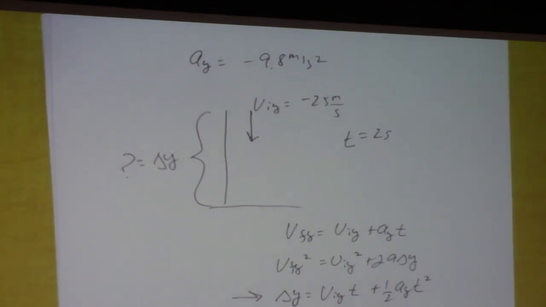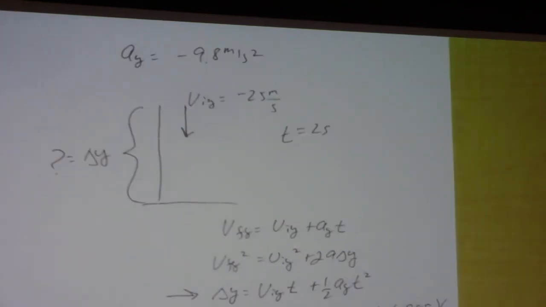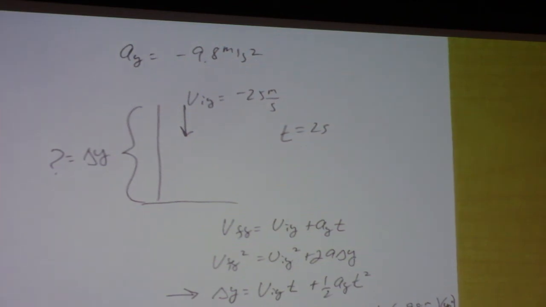So minus 25 meters per second, and then this is for 2 seconds, and then plus 1/2 times negative 9.8, and then times t squared, so 4 seconds squared. Sorry, I'm out of room here. Okay, so put all that together, you'll get delta y.